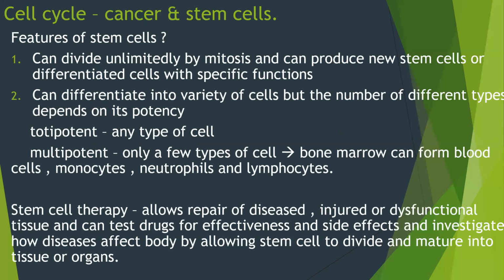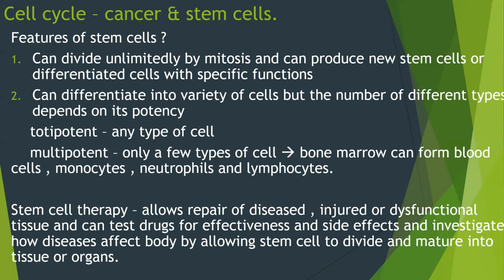And we can also talk about stem cells because they are somewhat similar to cancer cells in that they can also divide unlimitedly by mitosis, and they can produce new stem cells, or they can produce differentiated cells, meaning stem cells can differentiate to form a different type of cell, for example, a red blood cell. If it goes from stem cell to red blood cell, it will lose its nucleus and be able to make hemoglobin.